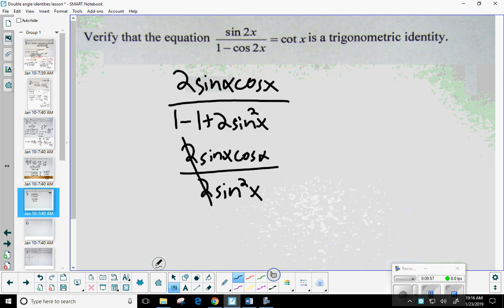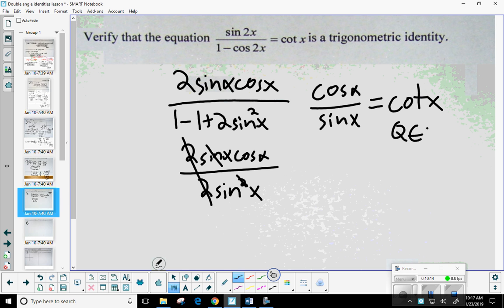Okay. 2's cancel. You got a pair of sines that cancel. And cosine of x divided by sine of x will give you cotangent of x. There you go. QED. Perfect. Right to it.